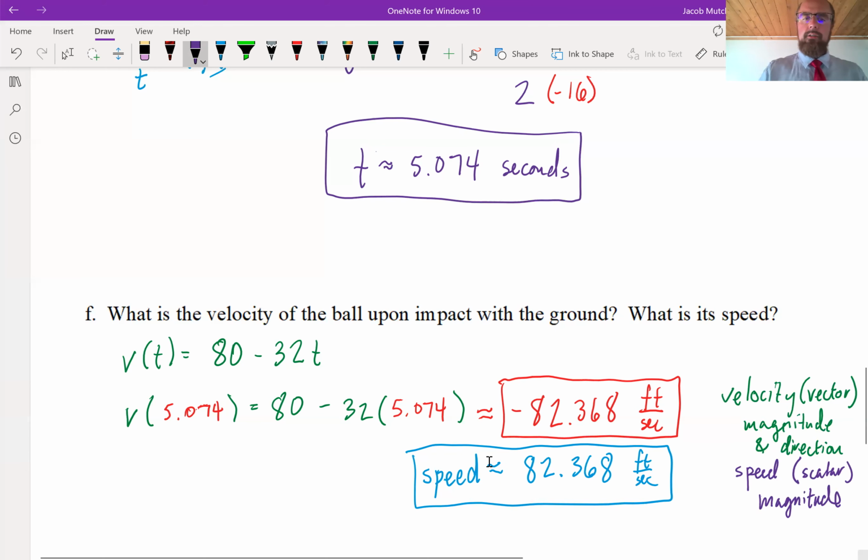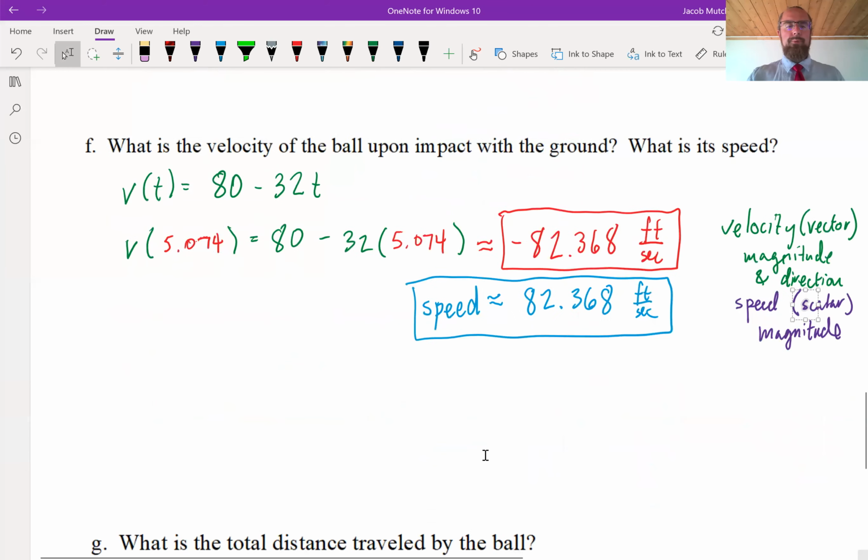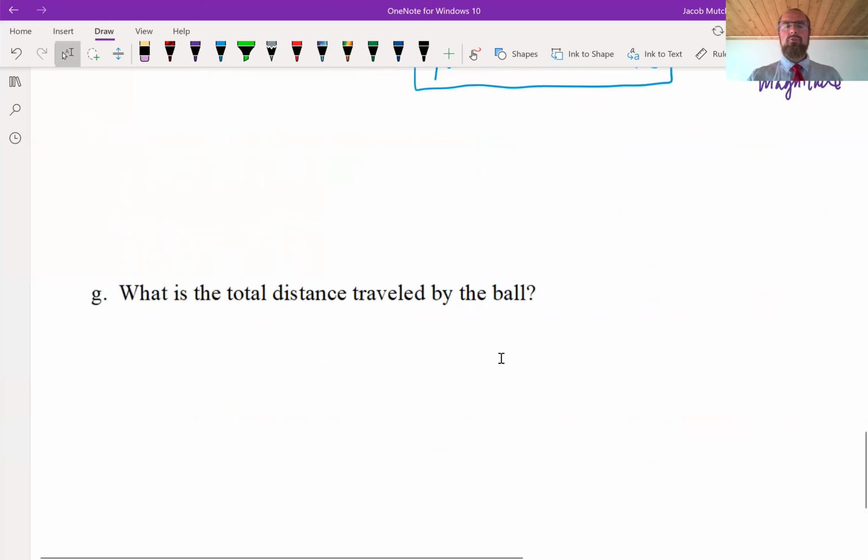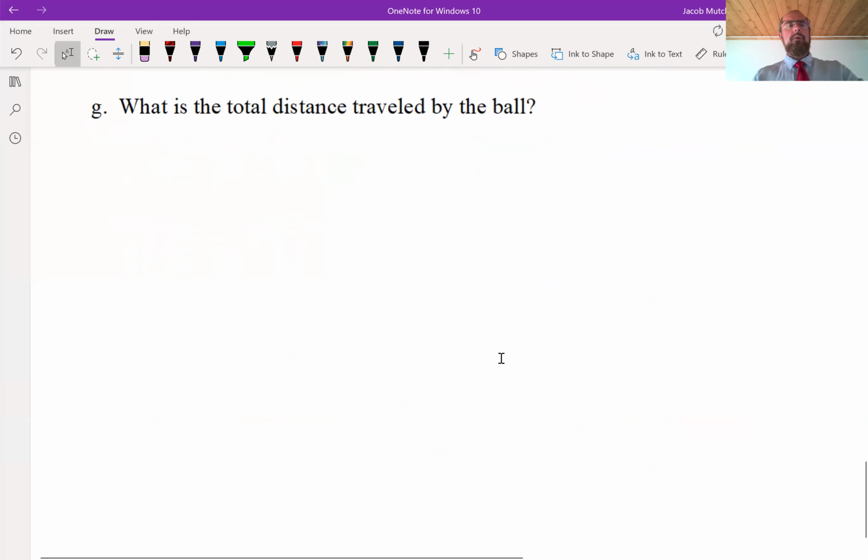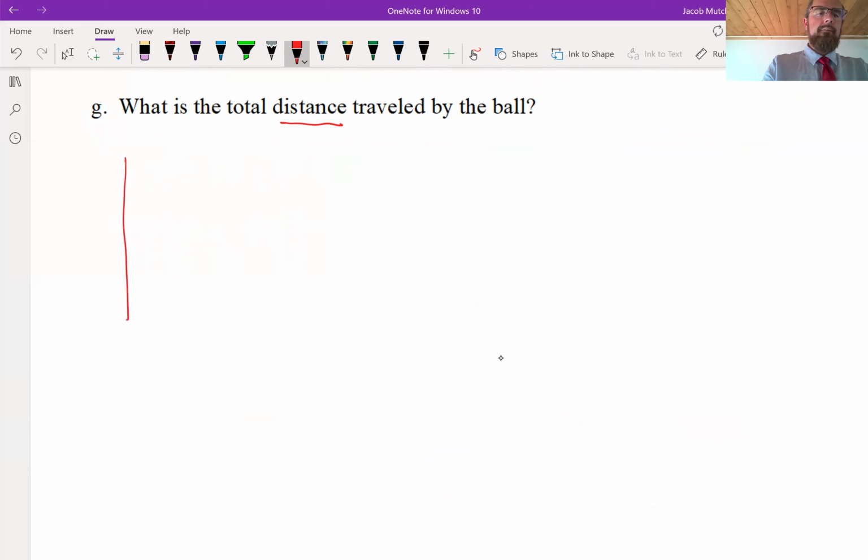Okay, so got that there. Let's take a look at our very last question here. So part G, what is the total distance traveled by the ball? So we just have to think about our position function, because whenever you see distance, that's really the position. So let's just consider our graph again. So again, it started from a height of 6 feet, went up, reached a maximum, and then went back down.